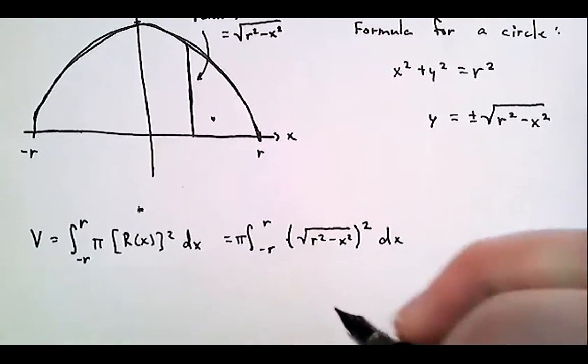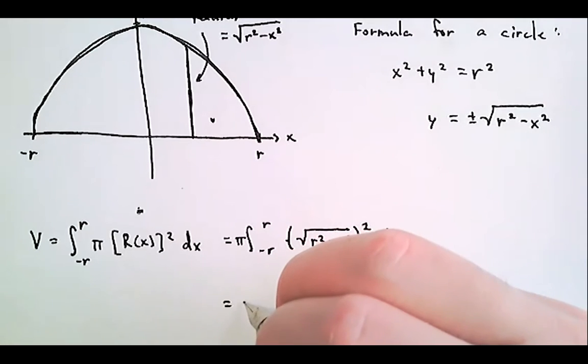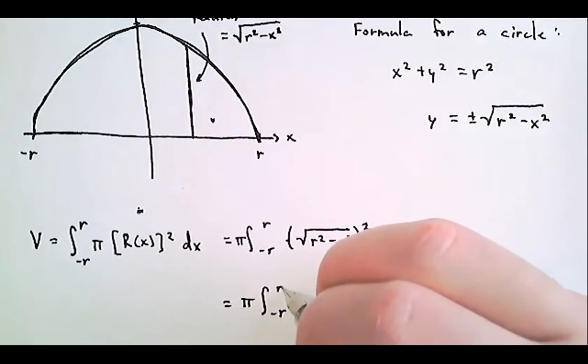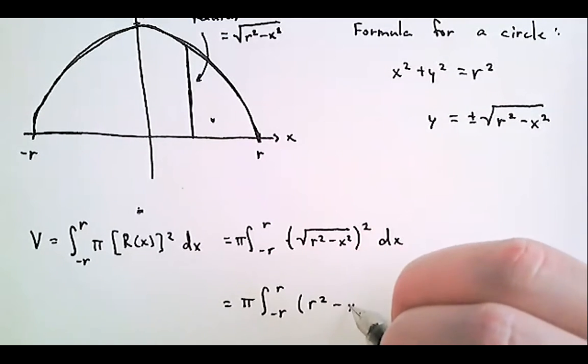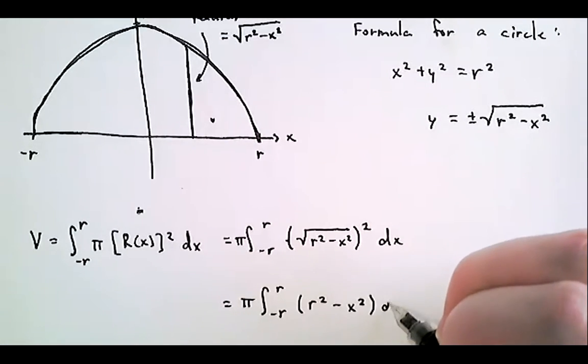Which is nice, because otherwise we wouldn't be able to do this integral, or at least not very easily. So we really just have r squared minus x squared. The square and the square root cancel each other off.